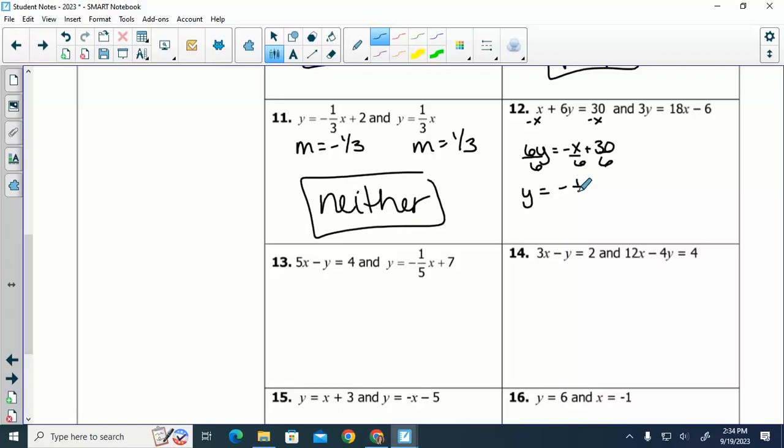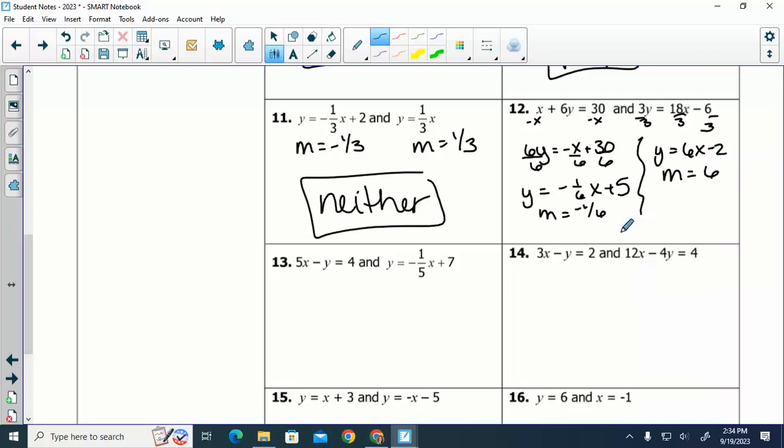We get a -1/6 x plus 5. So this one has a slope of -1/6. Second one, what do we have to do? Divide. y equals 6x minus 2. So that one has a slope of positive 6.